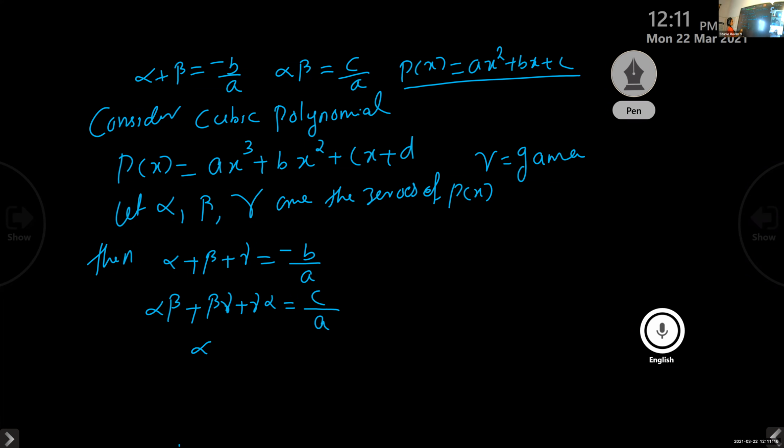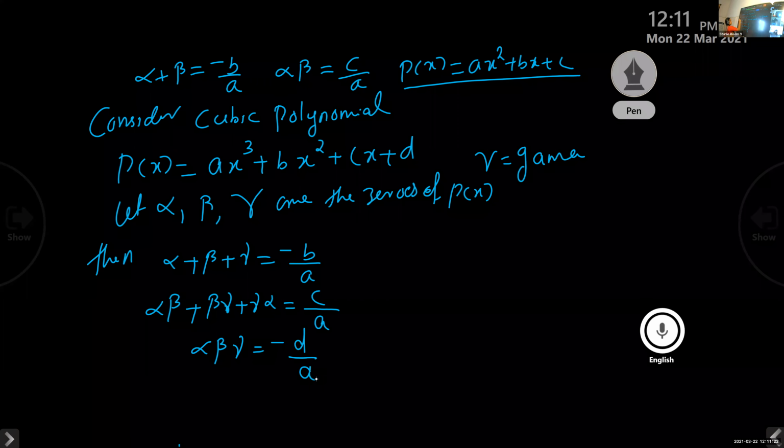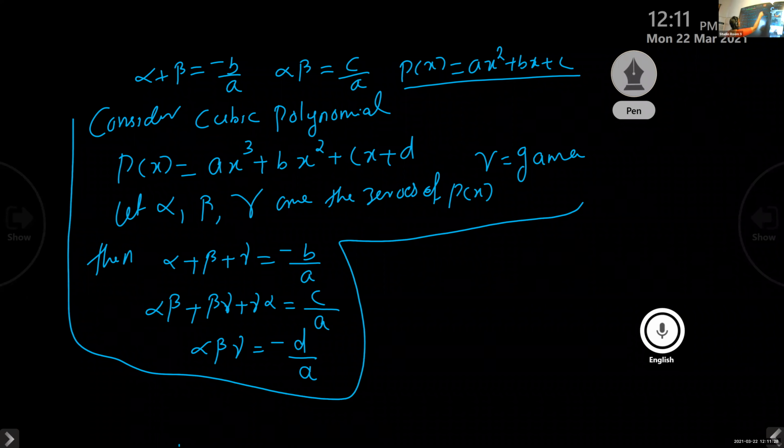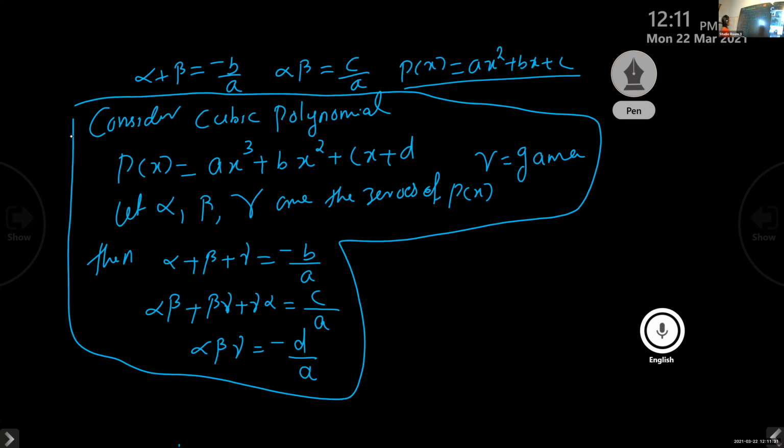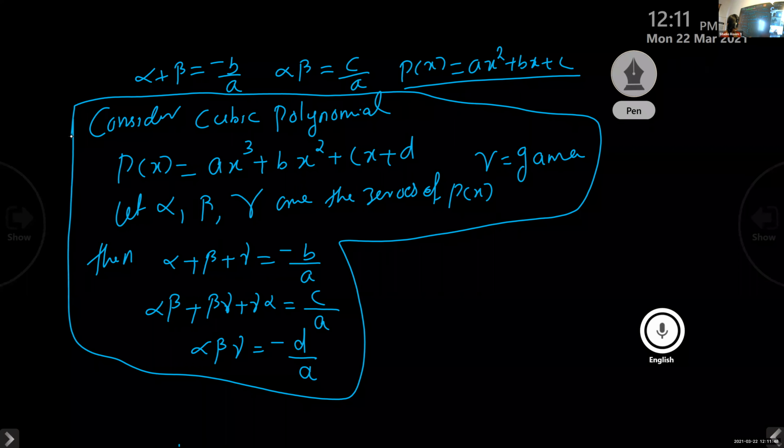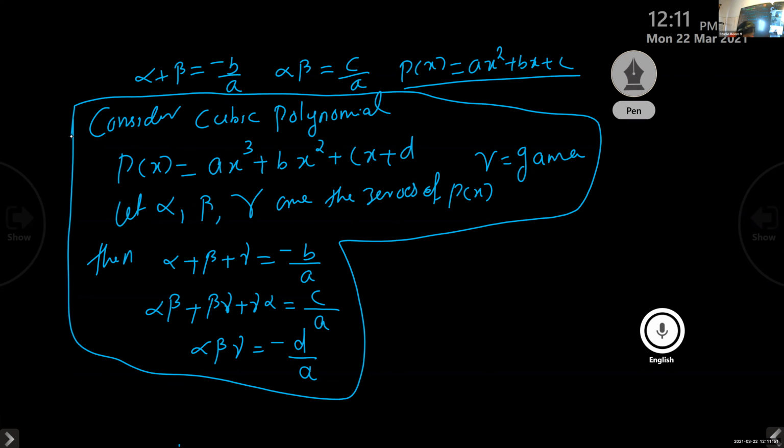And taking 3 at a time, the product alpha beta gamma equals minus d by a.